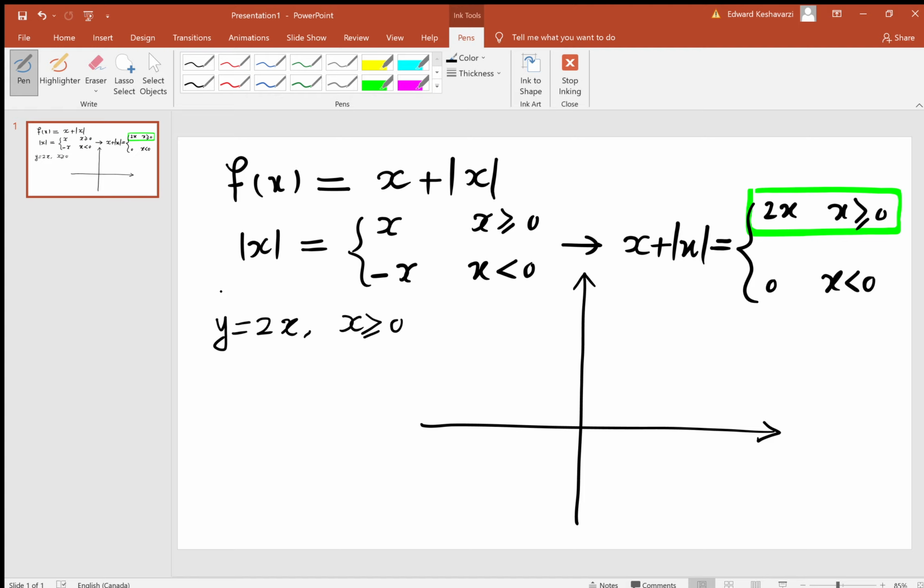So as you know, y equals 2x is a linear function. Y-intercept is 0, it passes through the origin, and you know that slope is 2. So it means 1 right, 2 up. So this is the graph of y equals 2x.